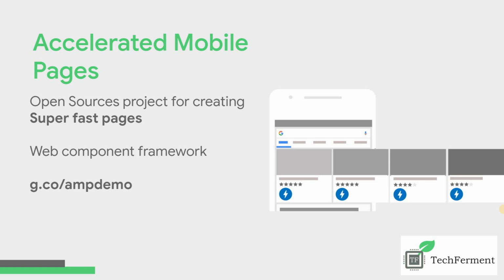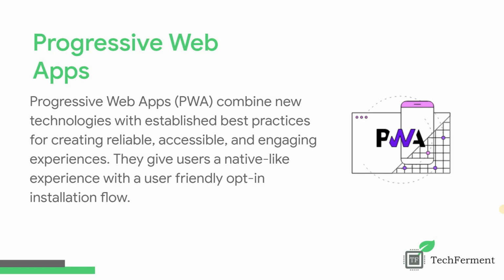With the help of AMP, you can create AMP websites, AMP stories, AMP advertisements, and AMP emails, which are very fast. And then we have Progressive Web Apps. If you have built a web solution, now you can give that web solution a user experience like a native application. So you can go for PWA.